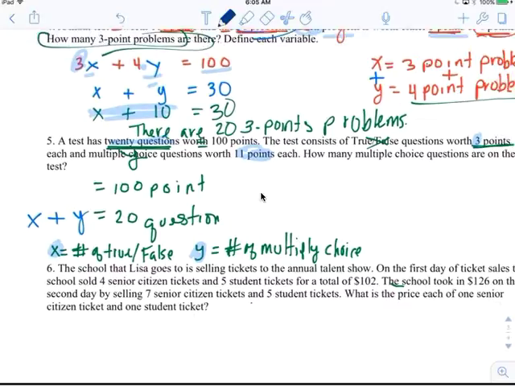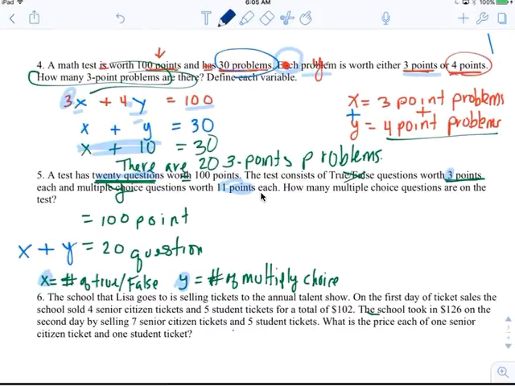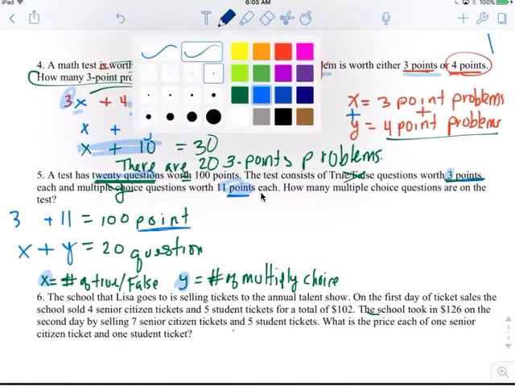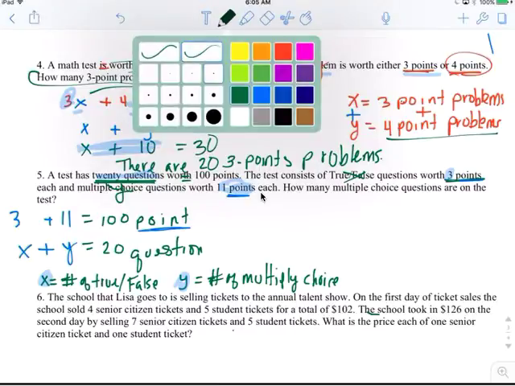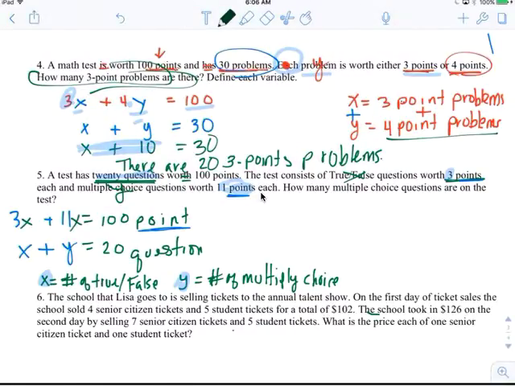Now, the 3 points, 11 points. 3 plus 11, because they all have points, go with points here. You see? And then, they are 3 and 11 with X and Y. 3 times the number of problems that are true and false. 11 times the number of problems that are multiple choice. That's how I remember it. All the points go together, okay? 3x plus 11y equals 100 points. All line up.